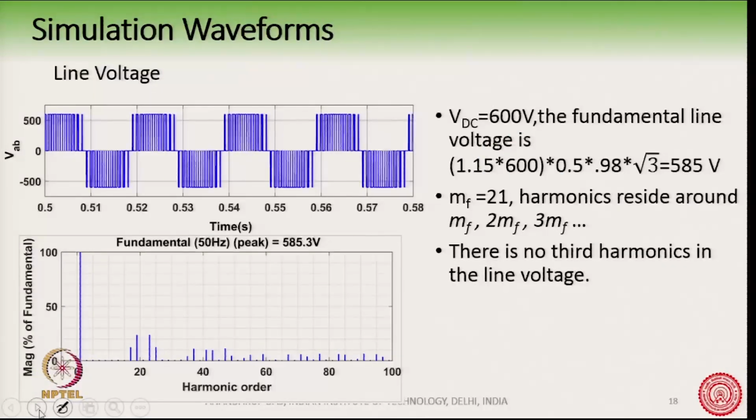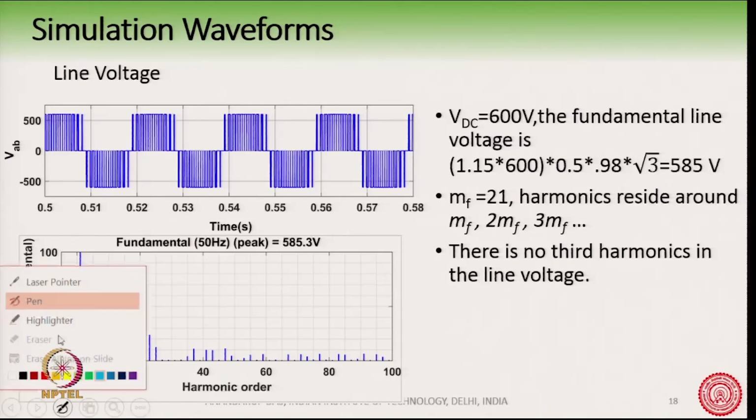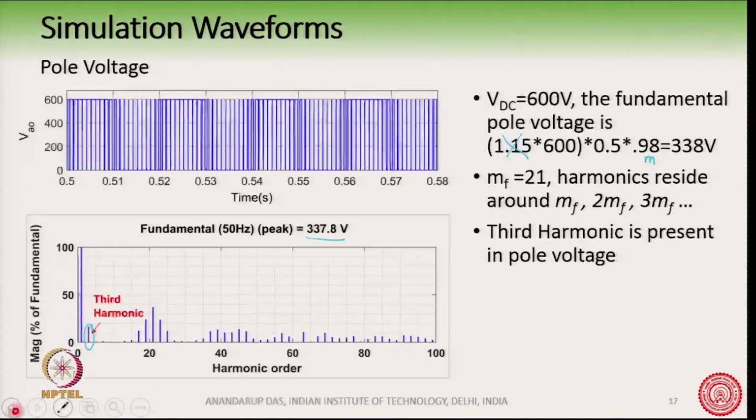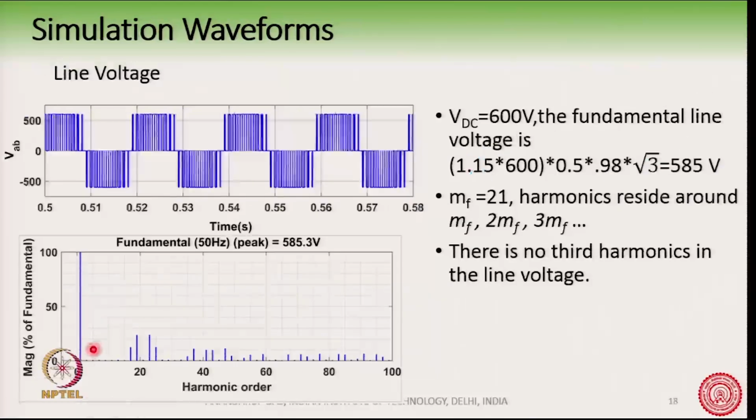in the line voltage. In the line voltage, which is again the waveform shown here, we see there is no third harmonic here. The third harmonic which was earlier present here has vanished in the line voltage, which is what we desire.